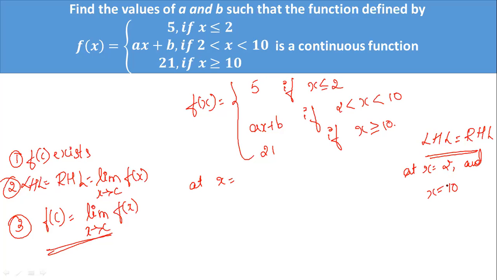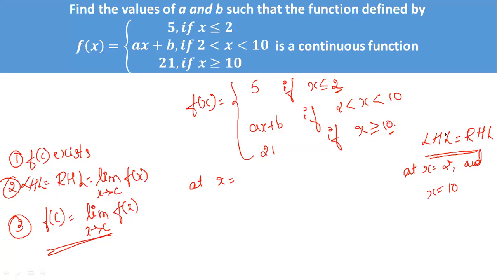What have they said? Basically they have said the function is continuous, which means it is continuous at whatever point you take. But here, if you look at 2 and 10, good Sahana, at 2 and 10, when x is less than 2 there is one value, and when it is greater than 2 there is another value. Similarly, if you see less than 10 it is one value and greater than 10 it is another value. So we know that even at 2 and 10 the function is continuous. So since the function is continuous at x is equal to 2, its left hand limit should be equal to right hand limit, and since the function is continuous at x is equal to 10, its left hand limit should be equal to right hand limit.